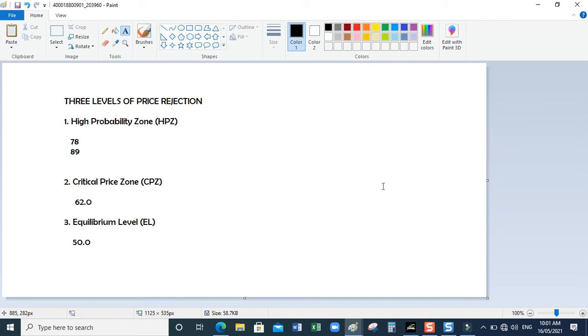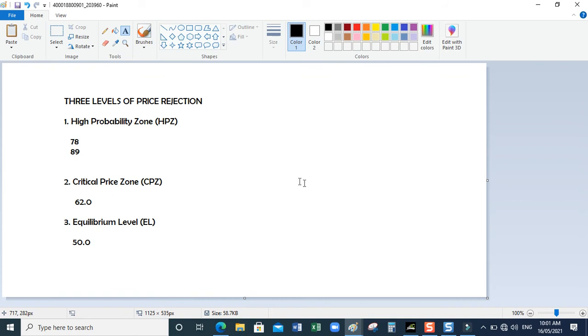But according to our trading experience, when price retraces to 89 and 78 and withdraws back, it's going to descend so much. So the ratio of your success, or the risk reward ratio in your money management, is very high.